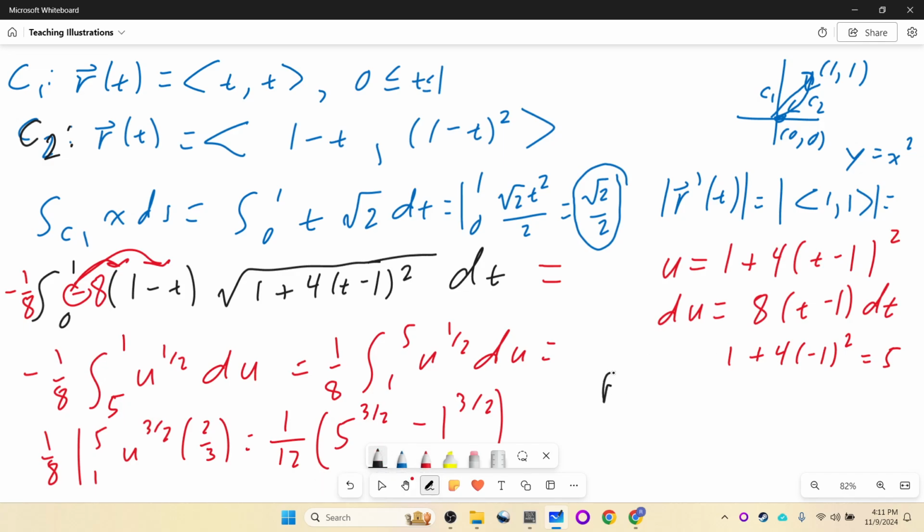So our final answer, combining the parts we got from C1 and C2, would be root 2 over 2 plus 1 over 12, and this can become 5 root 5 minus 1. That would be your final answer.